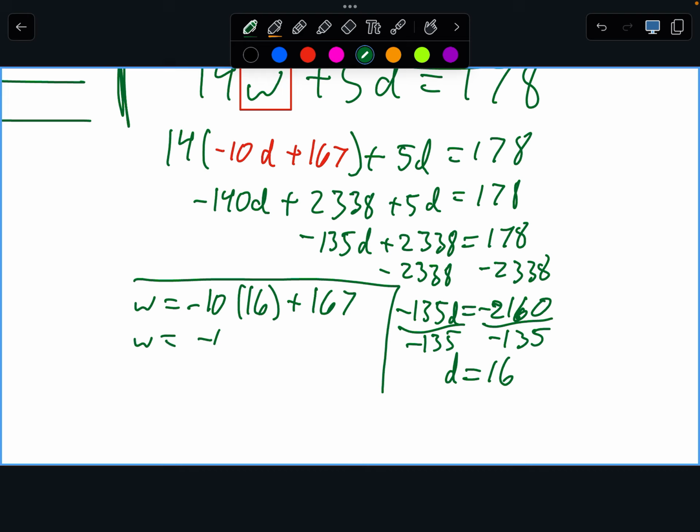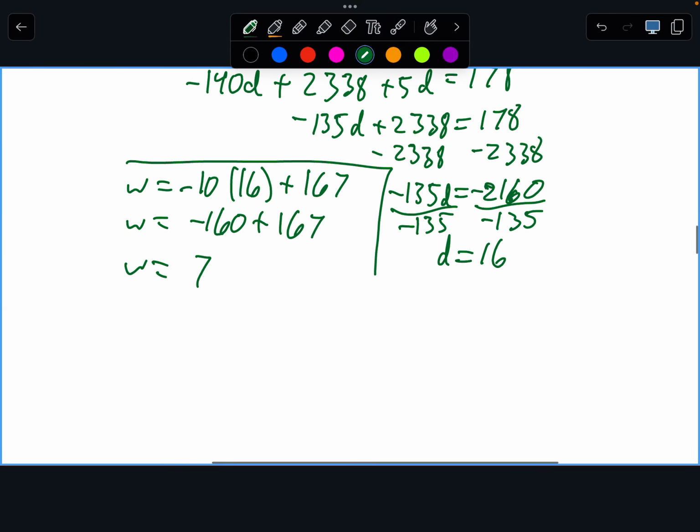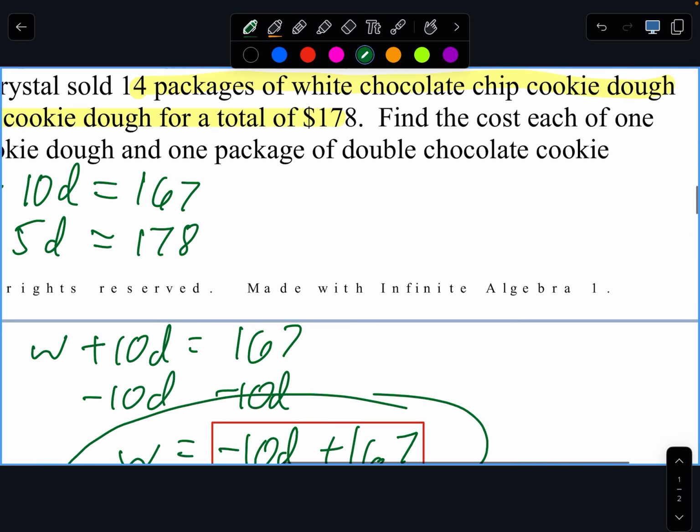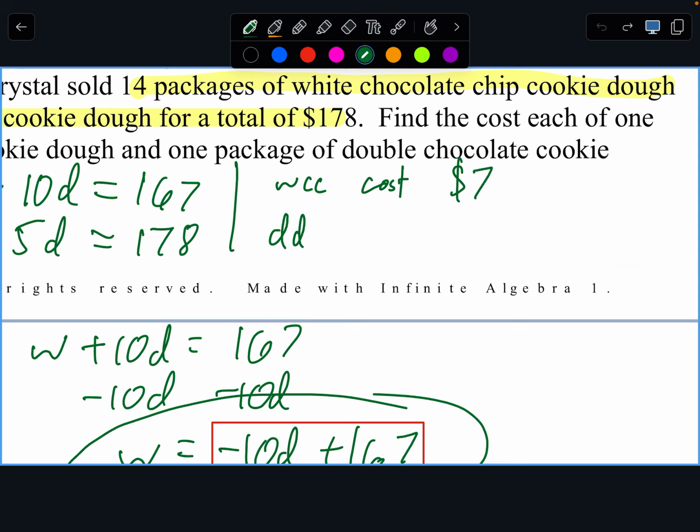So W equals negative 160 plus 167. W equals 7. Okay, so the white chocolate chip cost $7. The double chocolate chip cost $10.